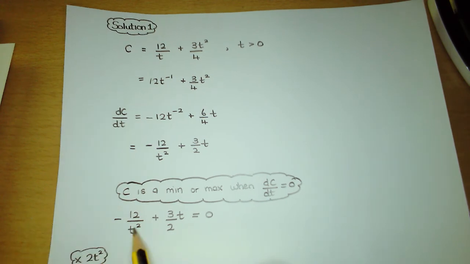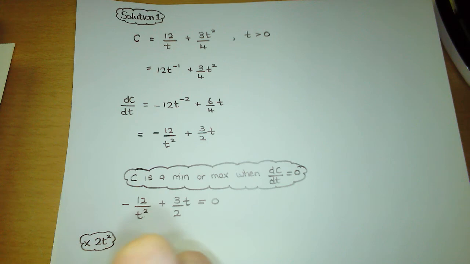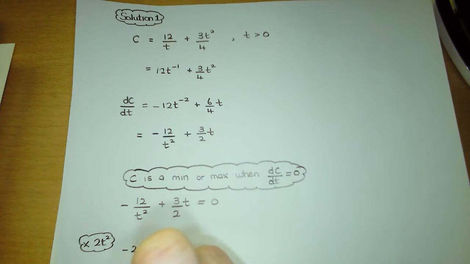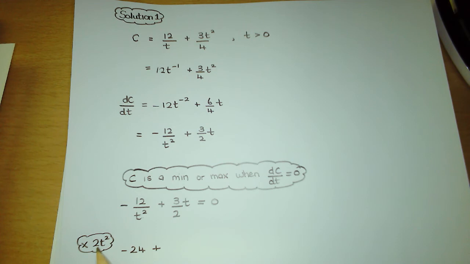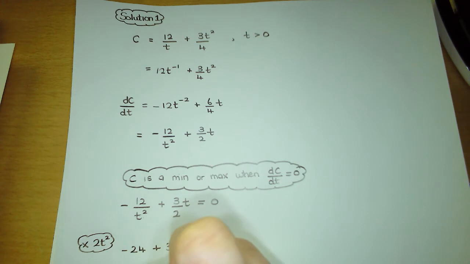So obviously t squared here will cancel the t squared we're multiplying by, so we'll be left with 2 times minus 12 is going to give us minus 24, and then plus, again 2 down here will cancel with the 2 of the 2t squared, and then we're going to be left with 3t cubed, and that's just going to be equal to 0.